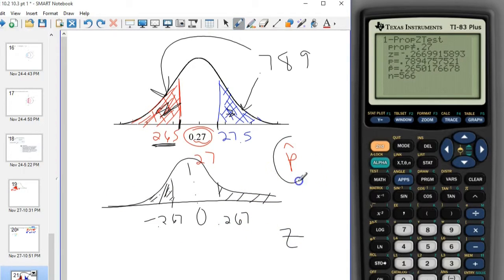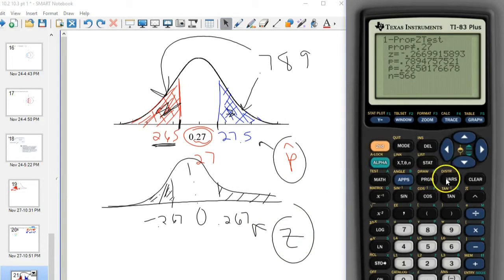Okay, this was all the different possible p-hat values. These are the standardized versions of those. So if I did normal CDF, and then down here in the bottom one, negative 999, comma, negative 0.267, and hit enter, that's that region down here below.